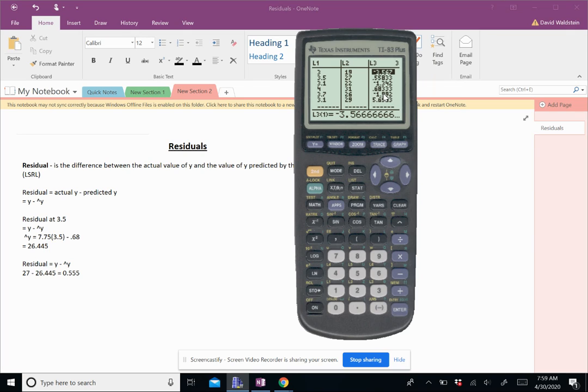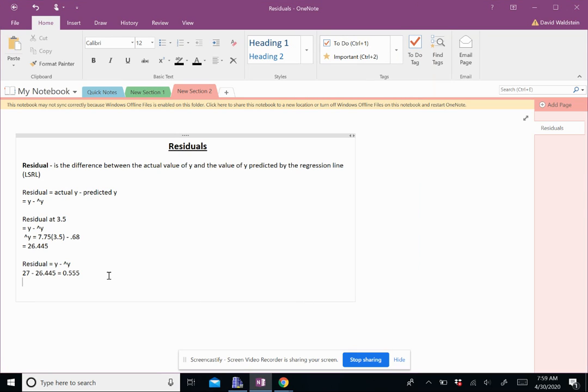We also have something called a residual plot. All a residual plot is, is a new scatter plot of the residuals with the same x values on our horizontal axis.